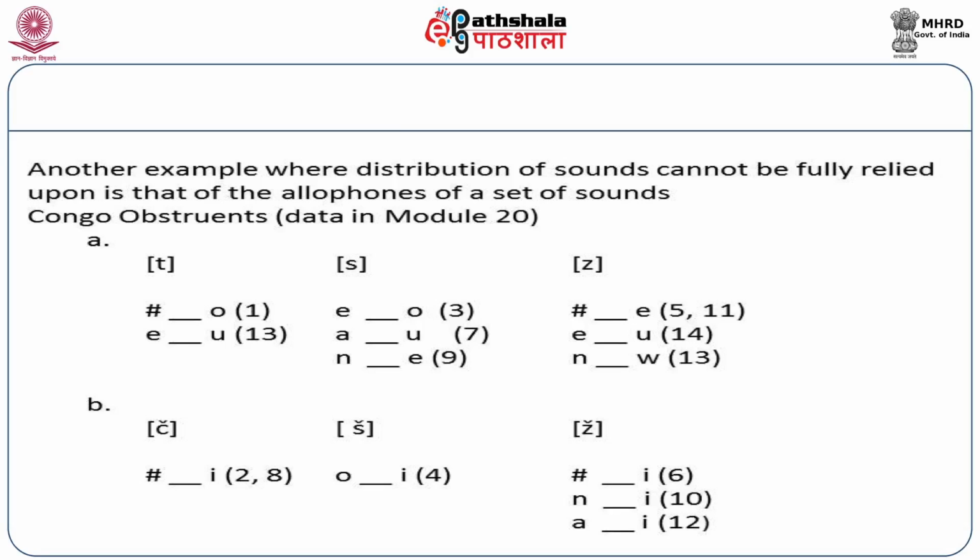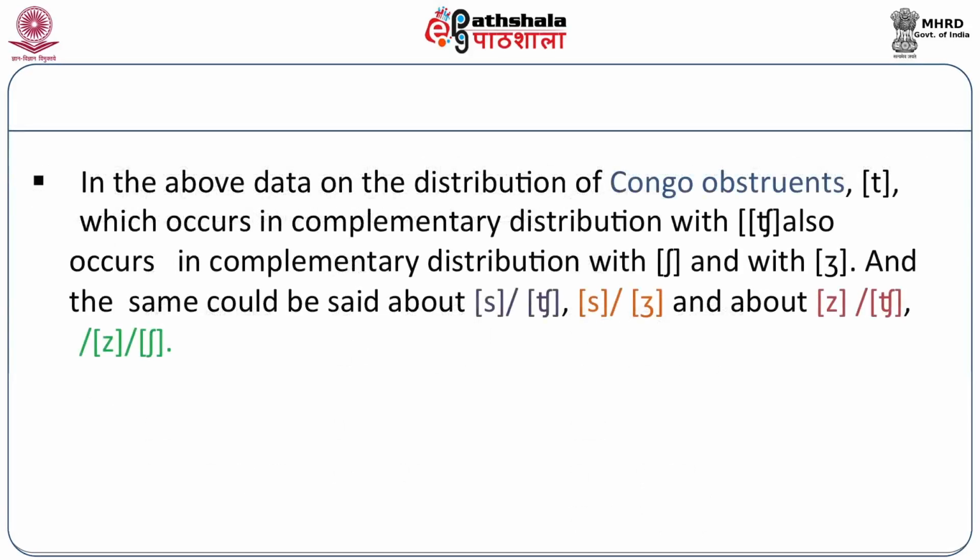Notice that the allophone ch occurs before e. We thus conclude that ch is an allophone of t because t never occurs before e. Similarly, s never occurs before e but sh occurs before e, and z never occurs before e but zh occurs before e. On the basis of the distribution, we conclude that t and ch are allophones.